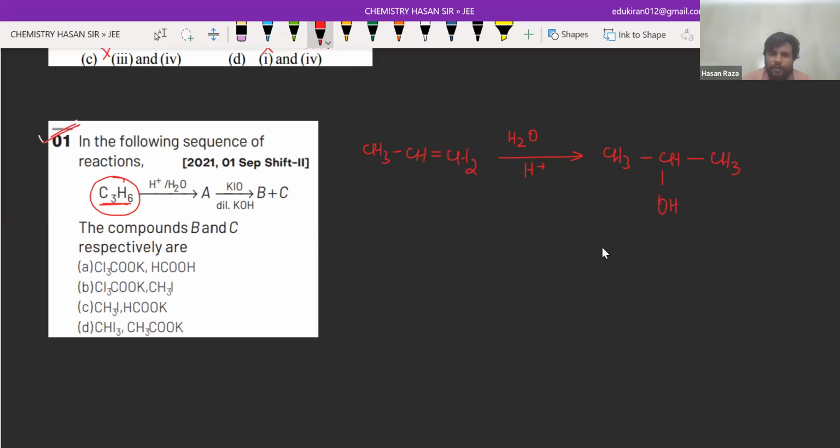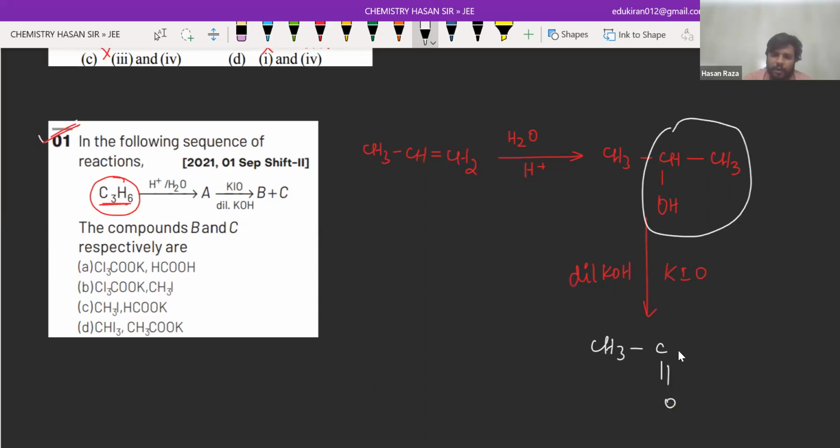After this, it uses KIO in the presence of dilute KOH, which means the iodoform reaction is taking place. This secondary alcohol is oxidized into a carboxylic acid salt.